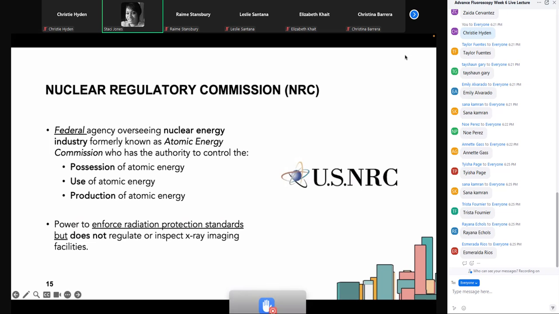They have the authority to control the possession of atomic energy, the use of atomic energy, and the production of atomic energy. And they also have the power to enforce radiation protection standards, but they do not regulate or inspect any type of imaging equipment or facilities.